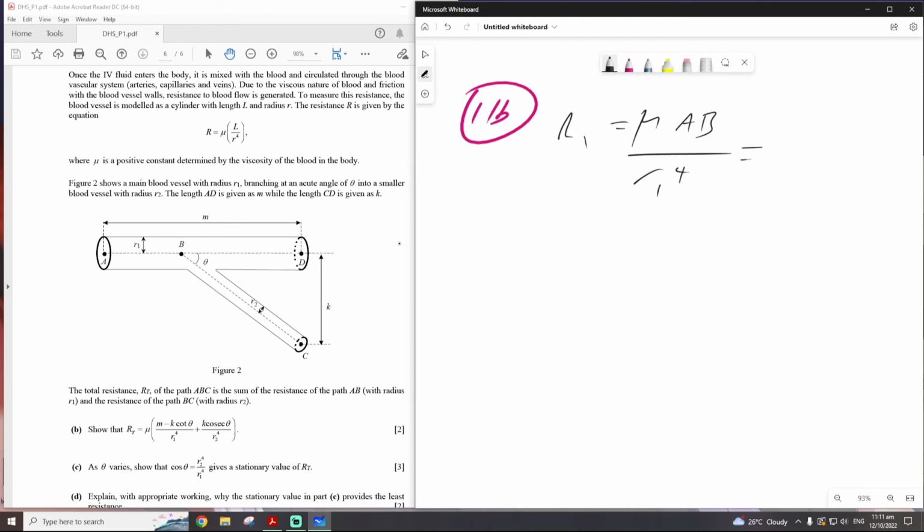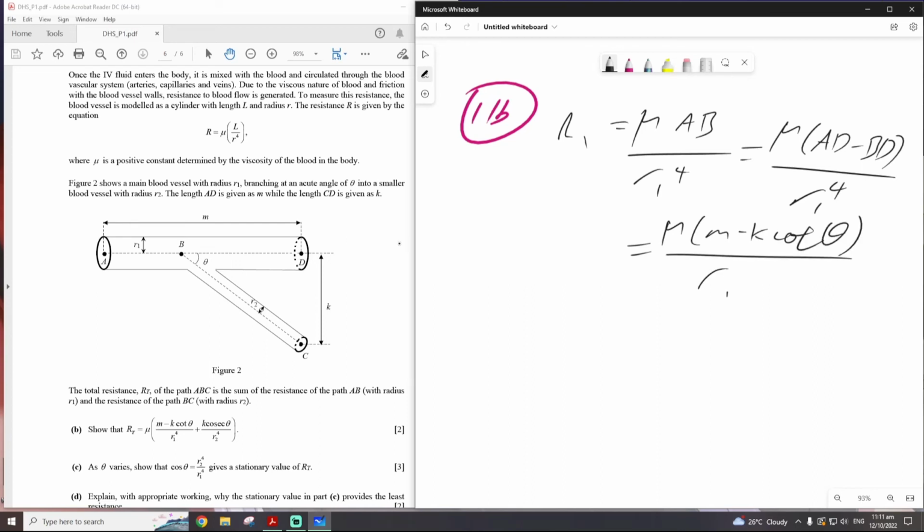So mu AD minus BD divided by R1 power 4. This is mu of M minus K cotangent theta divided by R1 power 4. And then R2 is a similar principle.